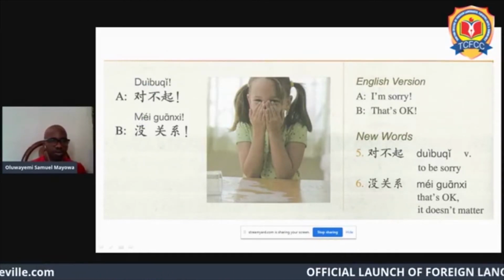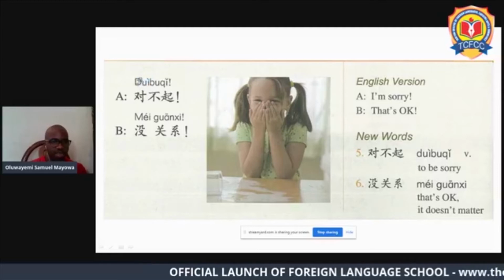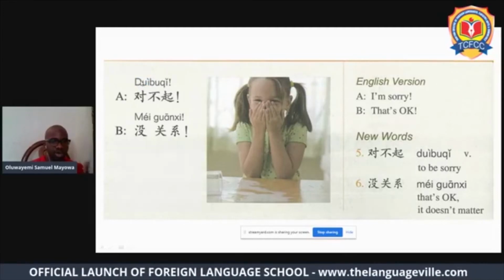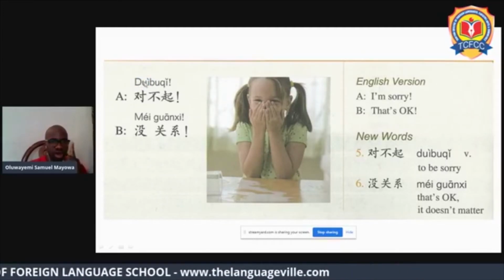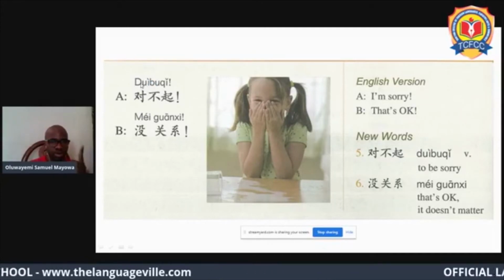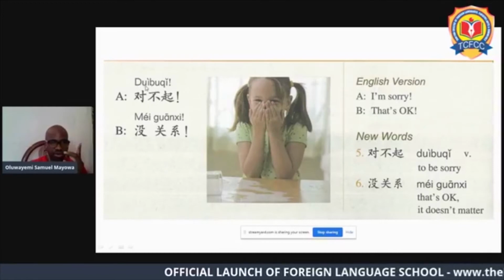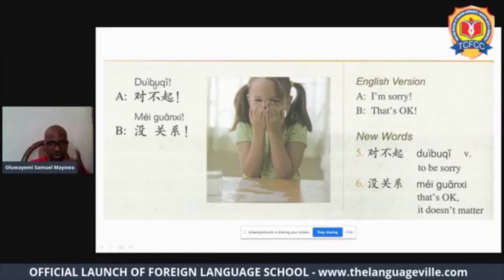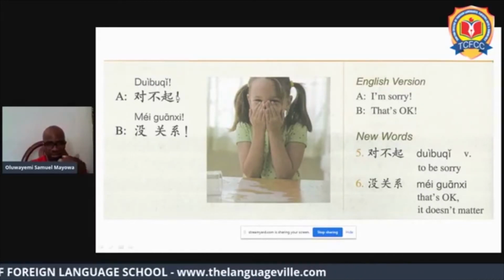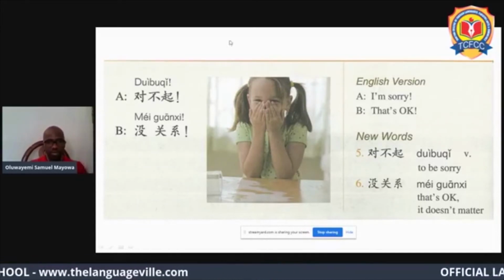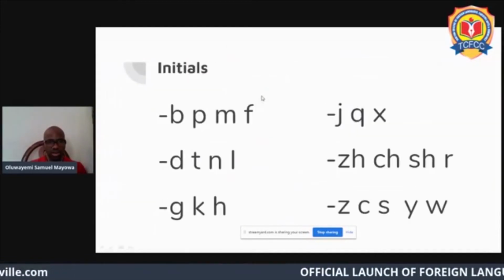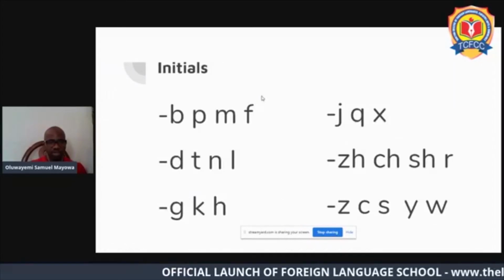Let's take dui as a syllable. Dui has one initial and two finals. The initial is like the consonant sound, and there are two finals. Bu has one initial, one final. This is making us understand what is to be expected.